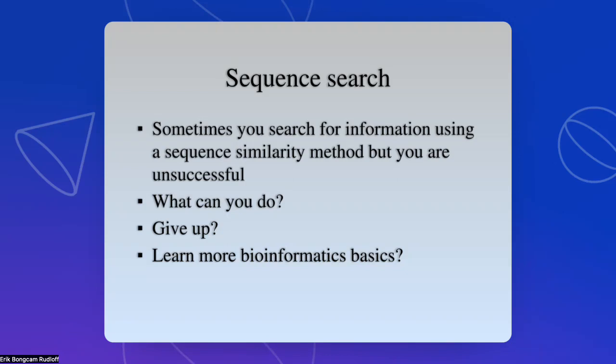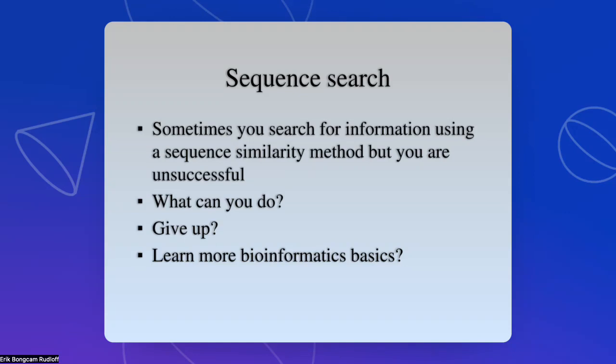So you don't get a good hit, and you say, my God, this is not helping at all. And you need to design experiments to prove what the function of this gene is. Then it's not enough to do a BLAST, because the information is not there yet. It's you that want to get the Nobel Prize. So you need to discover something.